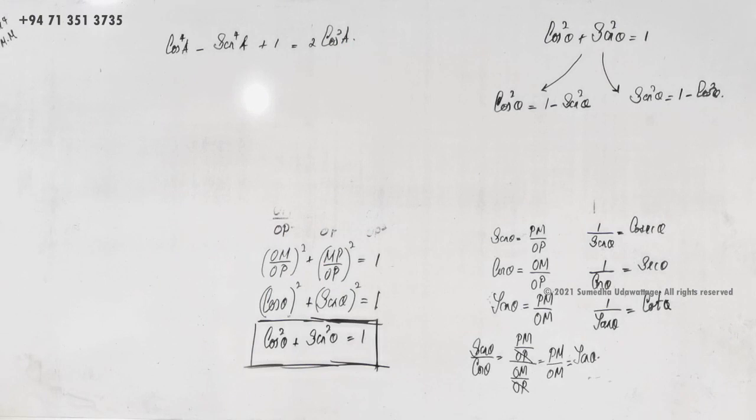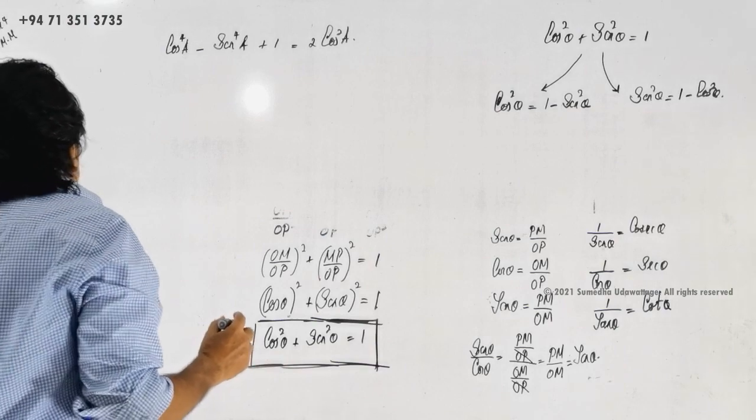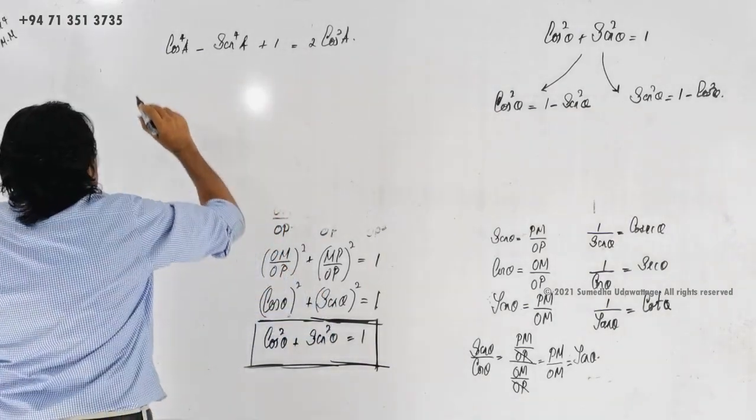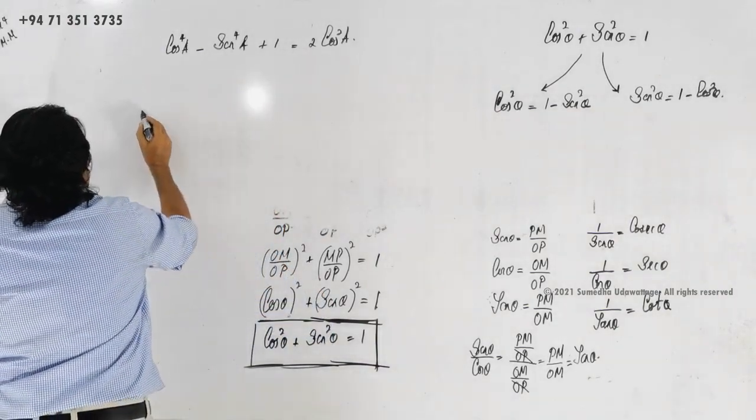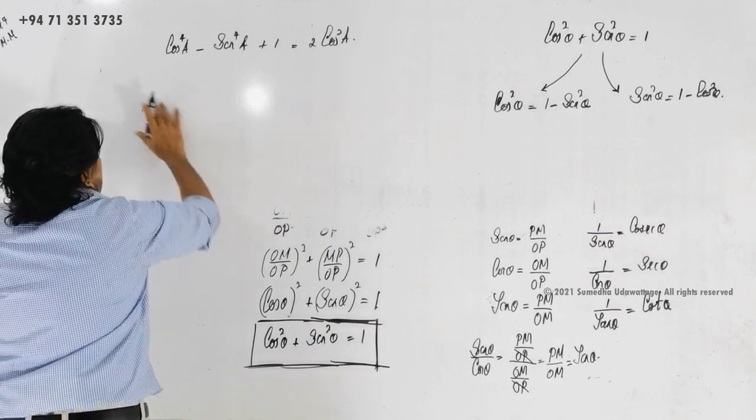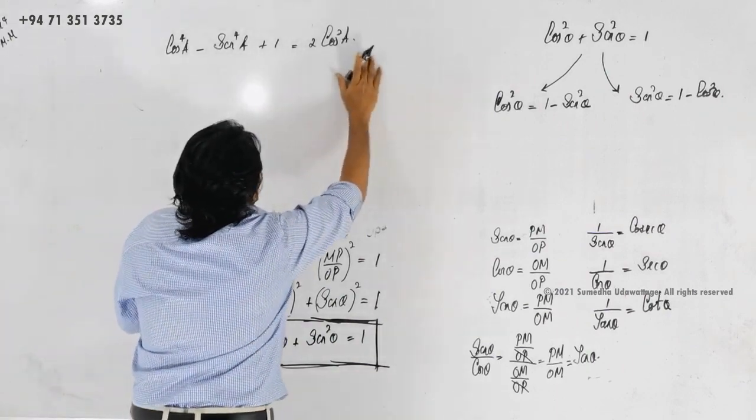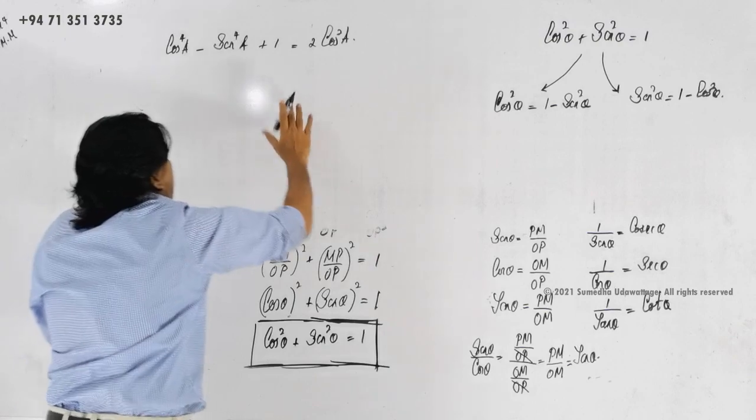These types of questions are called trigonometric identities.